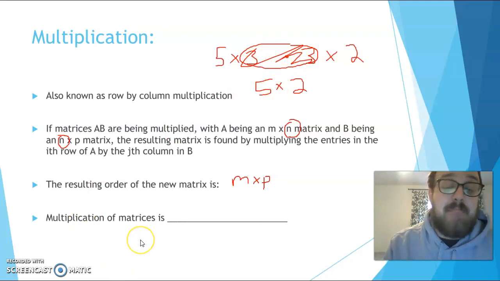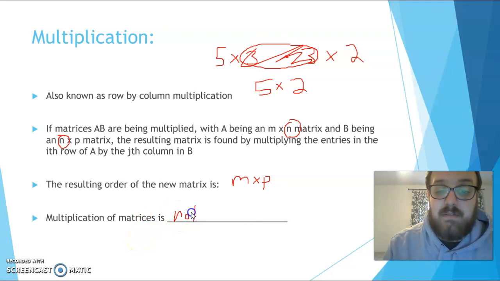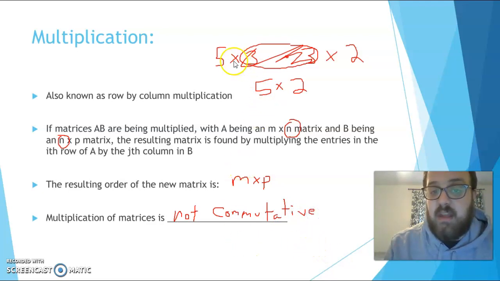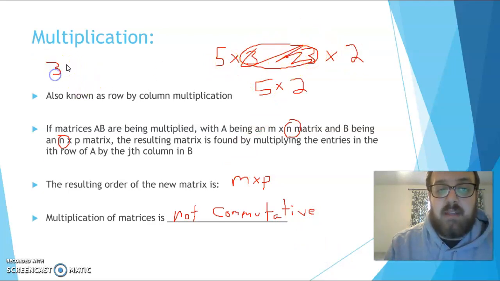Now, that means that matrix multiplication is not commutative. Again, a little weird because we're used to our normal number system where we have commutative property for our numbers. But we don't have that with matrices. So for example, in this one, a 5 by 3 and a 3 by 2, if I try to flip the order that I'm multiplying in and have a 3 by 2 times a 5 by 3, these two numbers do not match up, so this would have no answer.